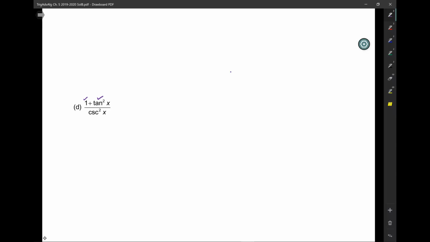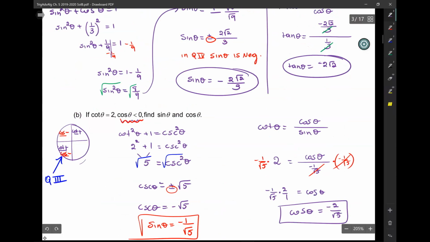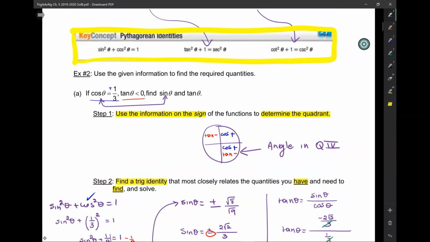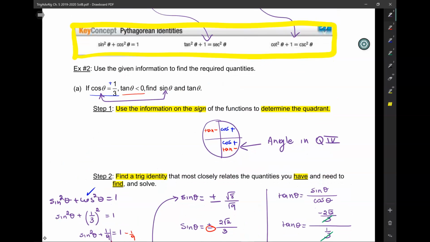That takes precedence here. When you see a 1 in conjunction with a trig function squared, that should alert you to a trig identity, or actually a Pythagorean identity. And look, we actually have a Pythagorean identity with tangent squared plus 1. It actually is secant squared theta.